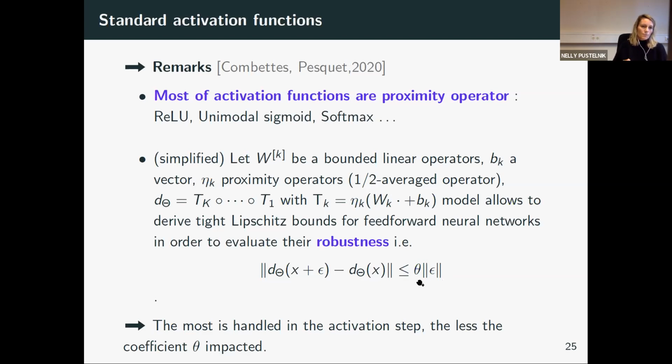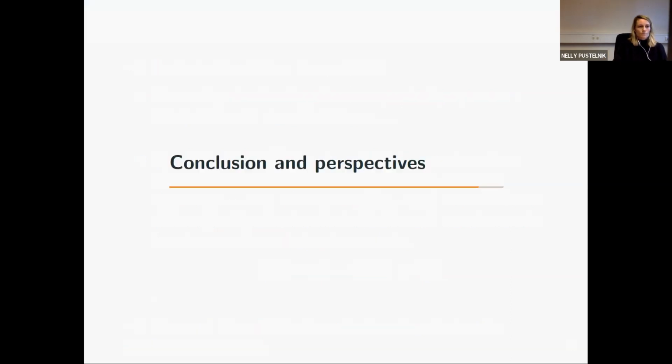But something important to notice here is that, as we explained, when we unfold the algorithm, most of the things are included in W when you do not compute a proximal step, because if you have a proximal step, the proximal step is included in the eta K. So a way to reduce theta, and so to increase the robustness, is to reduce the norm of W. And in this sense, the more proximal steps you do, normally the more robust you will be.